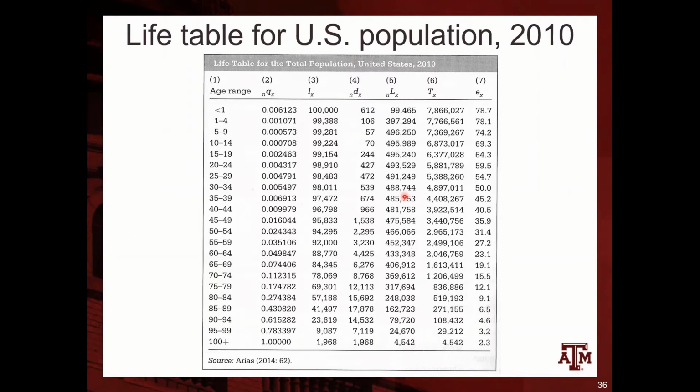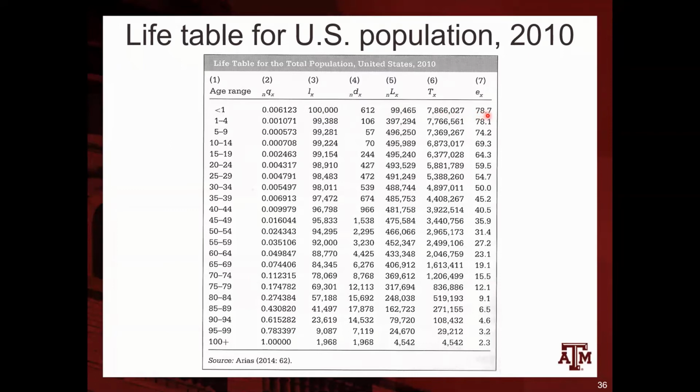How do we do this in the life table? Same thing. I get the overall number of years that they lived all together, 7,866,027 years, divide by 100,000, 78.7. Right?